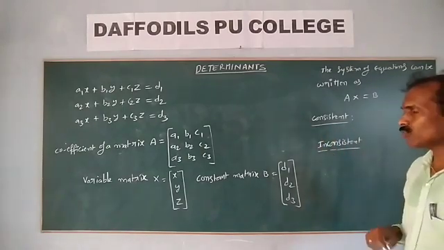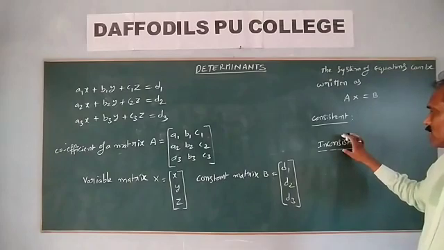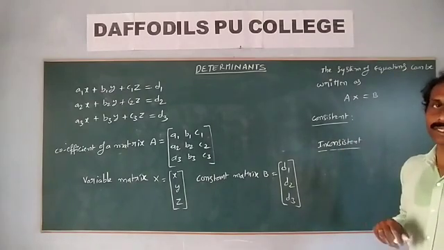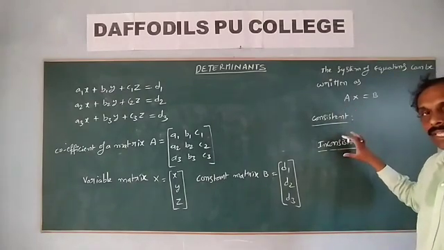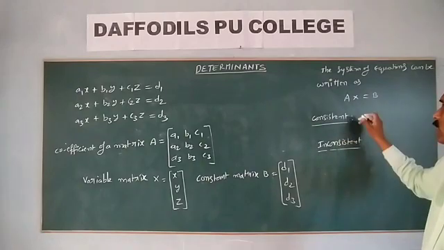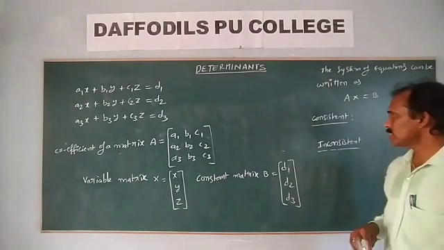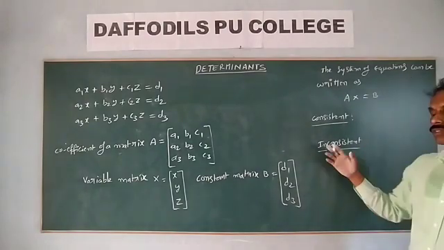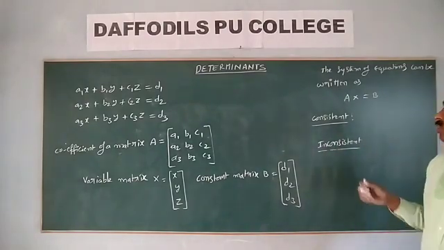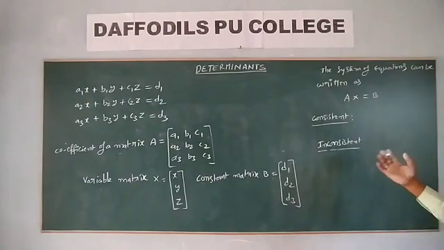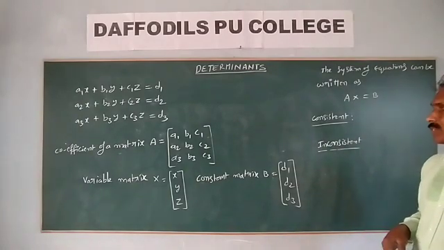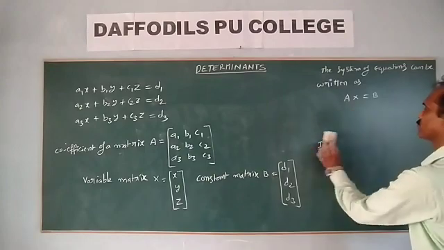If the system of equations has no solution, then the equations are inconsistent. Solution is there means consistent; no solution means inconsistent. Now, how do we check whether they are consistent or inconsistent?